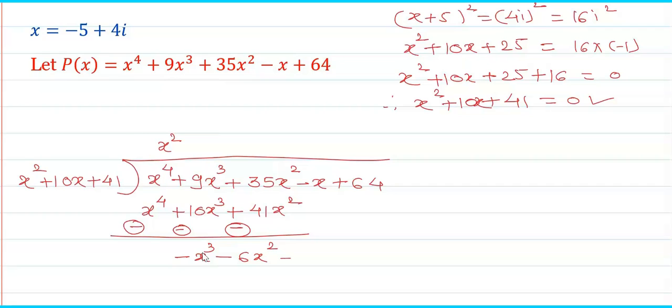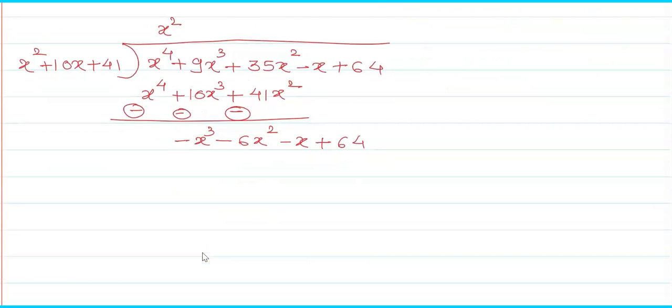Now the next term we take as it is, minus x plus 64. Okay, next again the first term is minus x cube. To get minus x cube we have to multiply x square by what? By minus x. Therefore minus x into x square, then you will get here minus x cube, minus x into plus 10x, then here you will get minus 10x square.